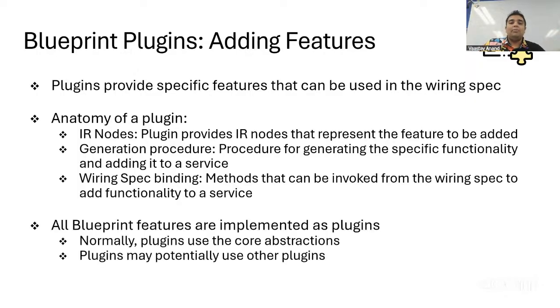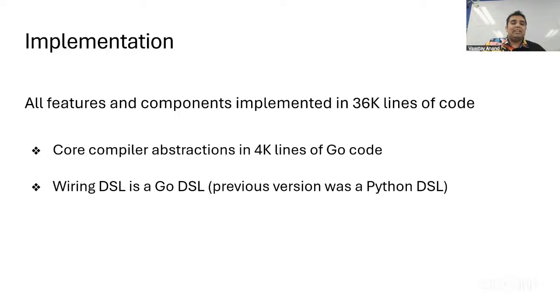All Blueprint features are implemented as plugins. Normally, plugins use the core abstractions, but plugins may potentially use the functionality of other plugins to wrap around and provide more complicated versions of different plugins. Blueprint's implementation and all features and components along with the applications are implemented in 36,000 lines of code.